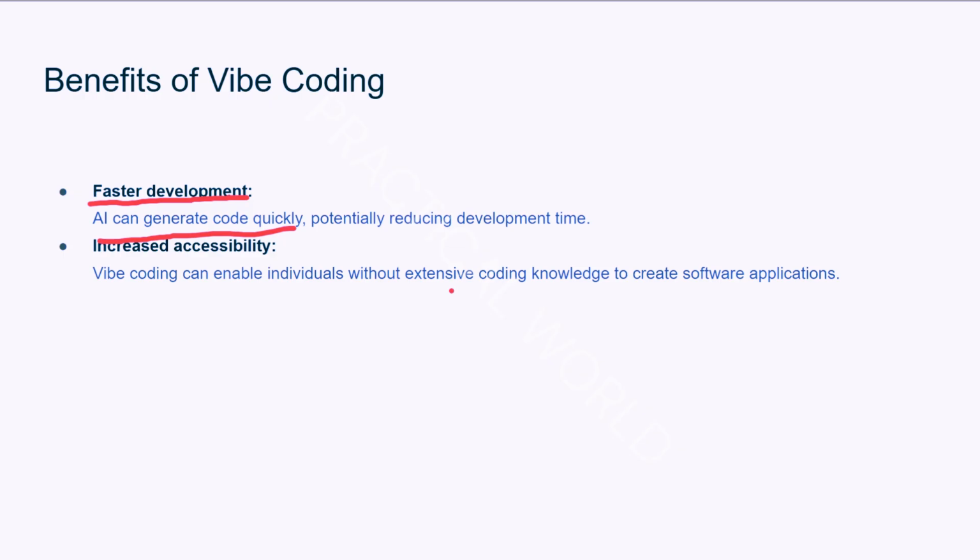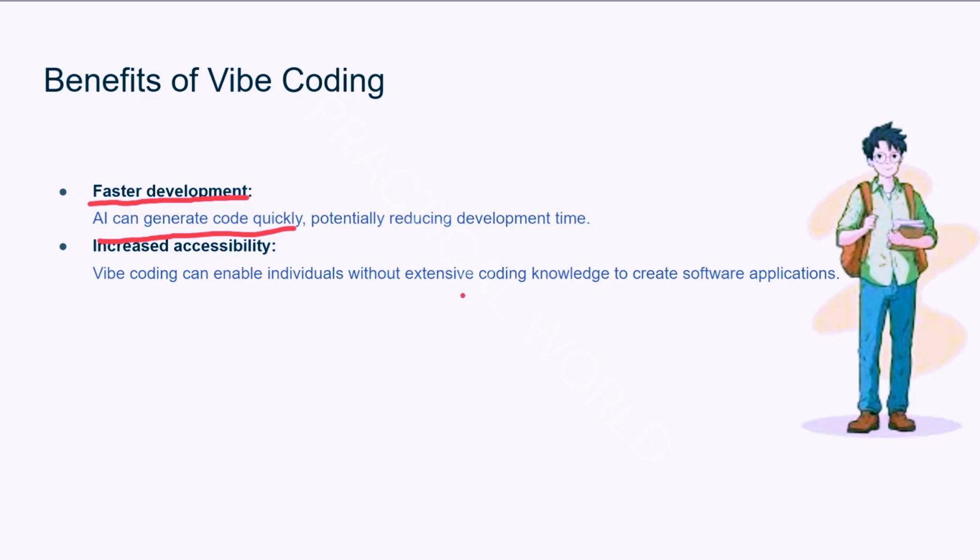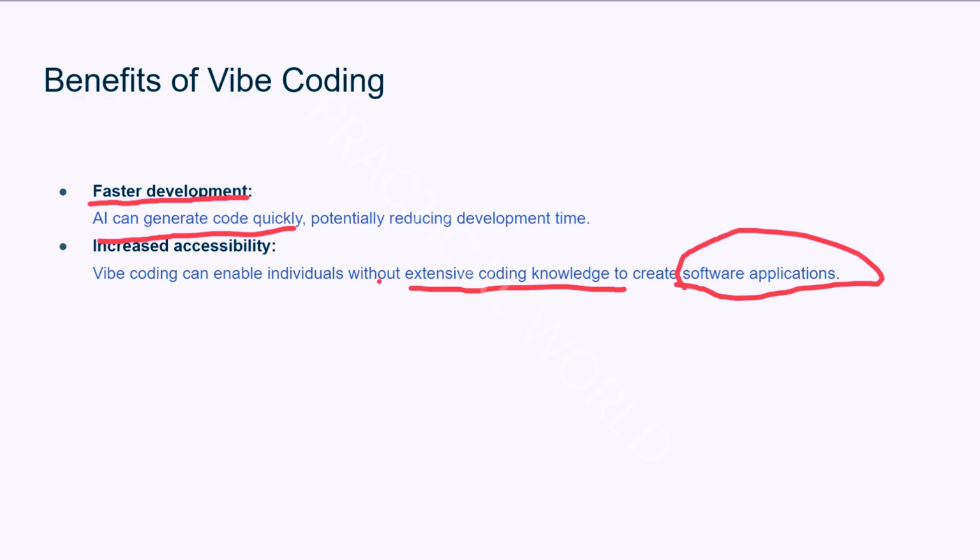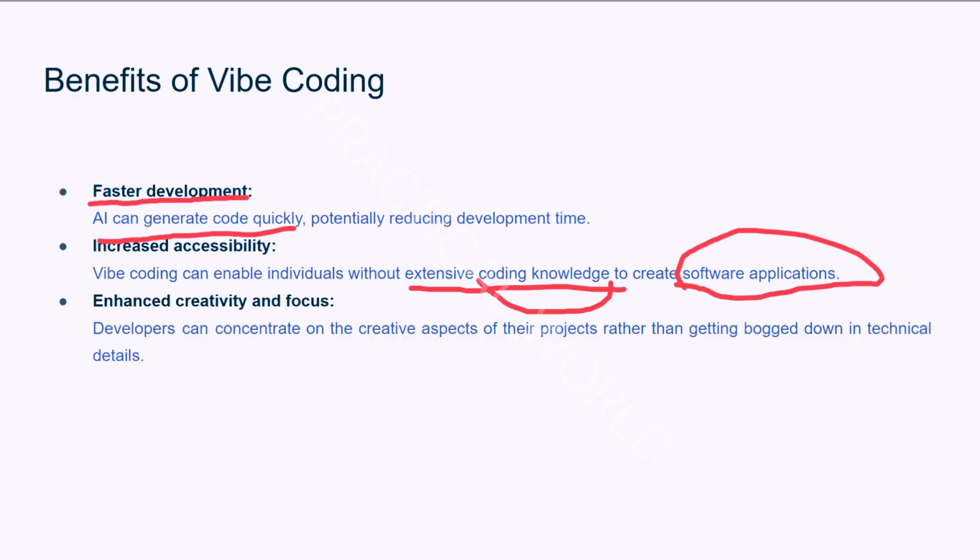So if you are a college student or an intern, you can also build or create software applications with the help of vibe coding, because it does not demand a high level of coding knowledge. If you have less coding knowledge, then also you can communicate with the LLM.